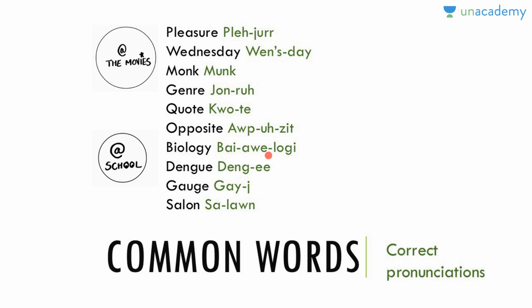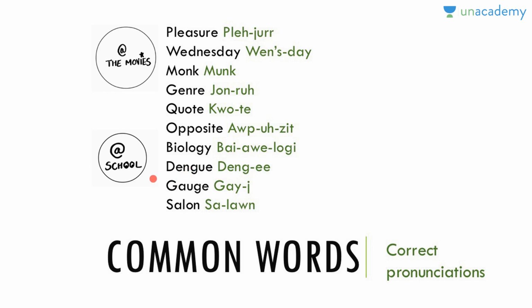"Biology", not "biology". Most of the subjects that end with "logy", we call them as sociology or biology or geology. You're actually supposed to lay down more stress on the beginning, and then you'll get the last part right. So you say "biology", "biology". Stop in between to say out the "aw", and then you'll get this right.